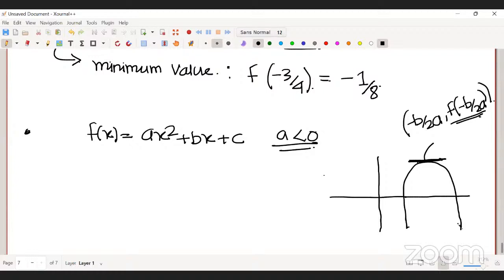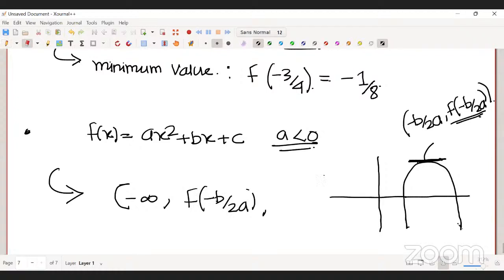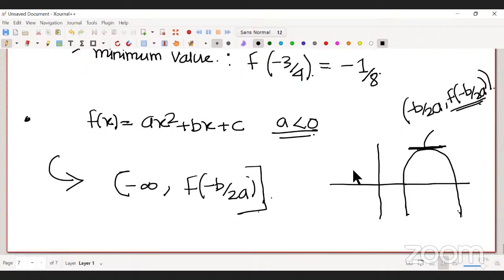That means the range of the parabola is nothing but -infinity to f of -b/2. Because here the maximum value is basically f of -b/2, and anything which is less than that will also be inside the range of the parabola.